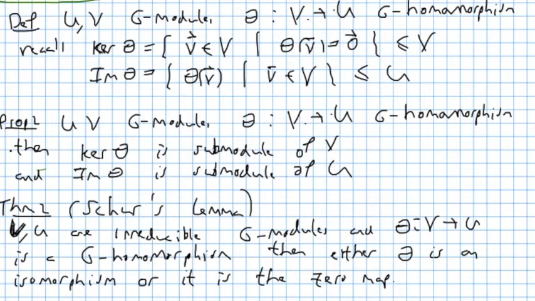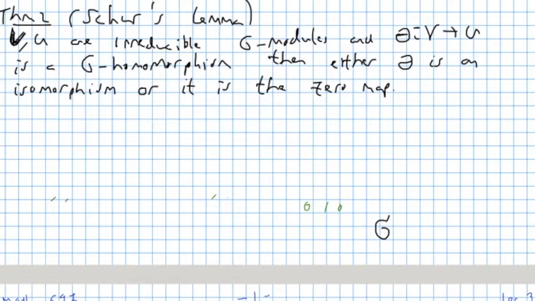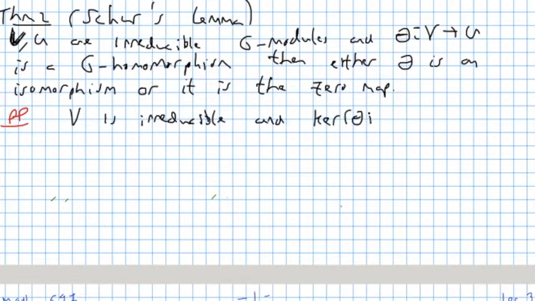Okay, so let's think about the proof of this. The proof is quite short. Well, V is irreducible, and the kernel is a submodule.